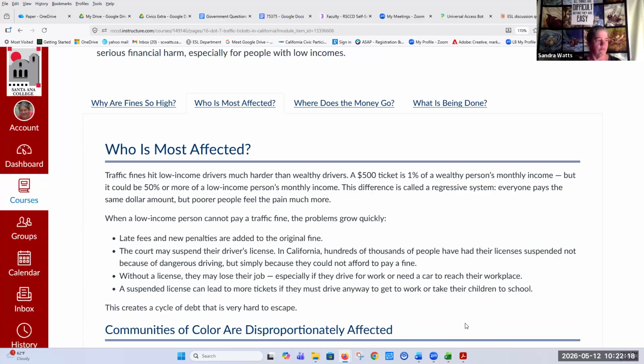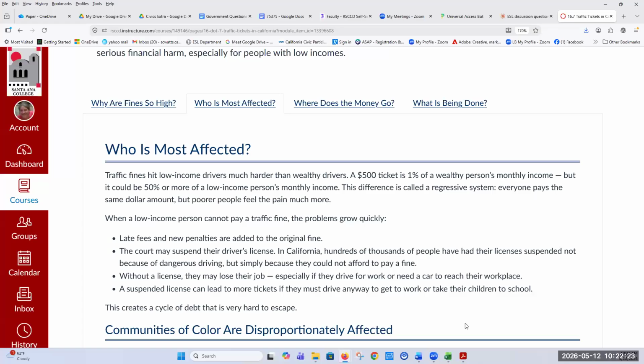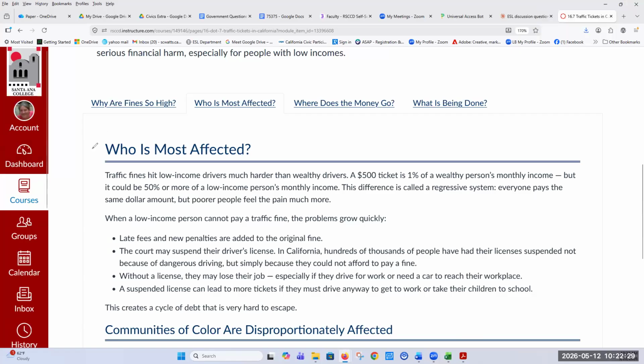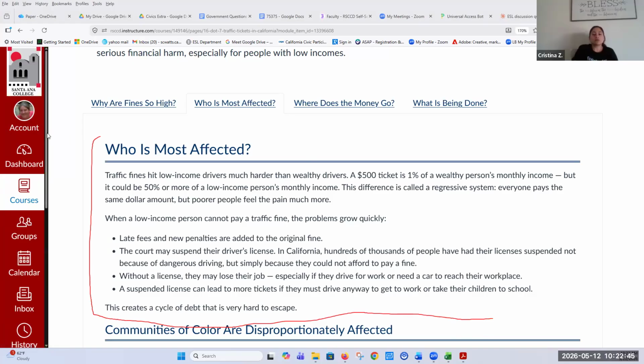Late fees and new penalties are added to the original fine. The court may suspend the driver's license. In California, hundreds of thousands of people have had their license suspended not because of dangerous driving, but simply because they could not afford to pay a fine.